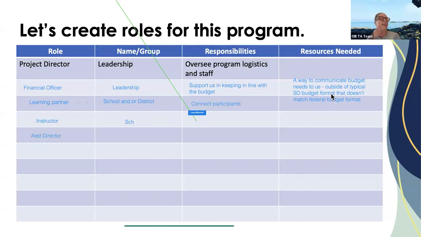Yeah, so for the financial officer, a way to communicate budget needs to us outside of typical budget format that doesn't match federal budget format. Yeah. I really want to encourage you, if you can, to think about whoever's managing your finances as a part of your team.